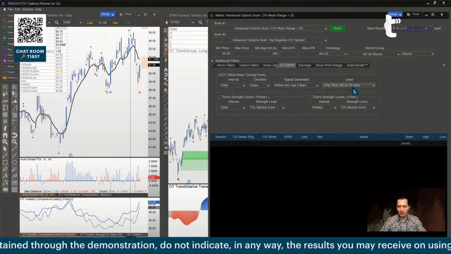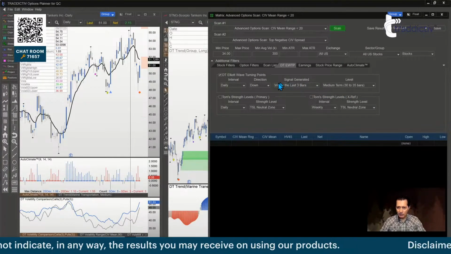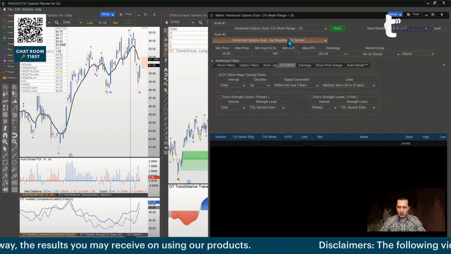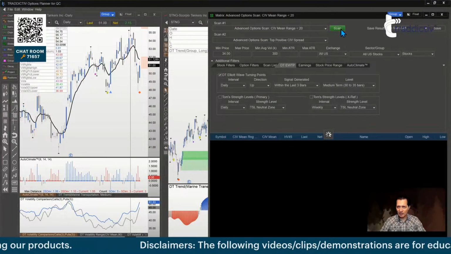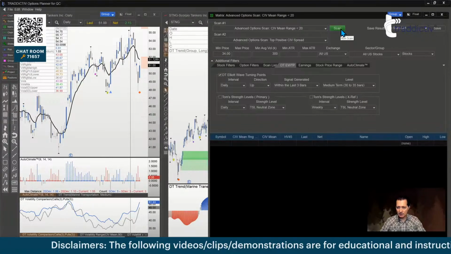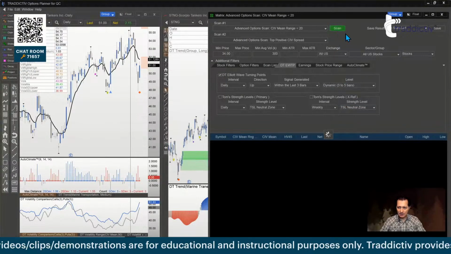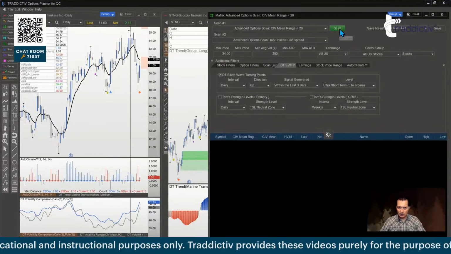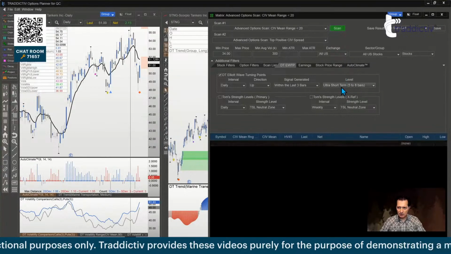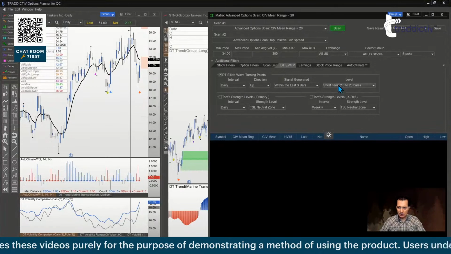Yes, because it's been dropping for so long that it takes more of a retracement. So what if I do medium term bullish with bullish? Again, I'm just trying to find an opportunity for this practice. What about dynamic? What about short term? What about this one?